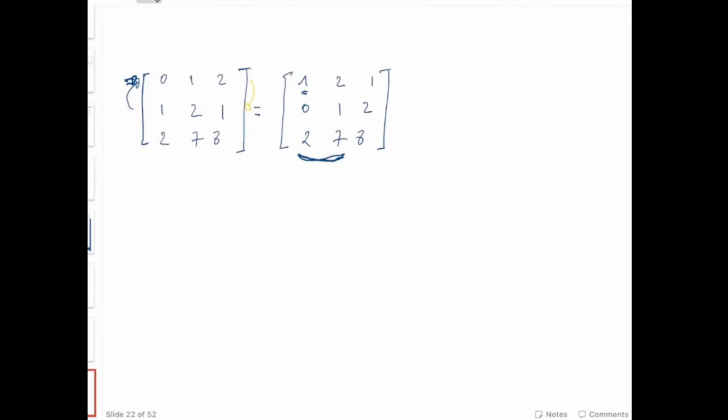So what we want first is to eliminate this component here. To do so, can we multiply the first row by -2 and then add it to the last row?